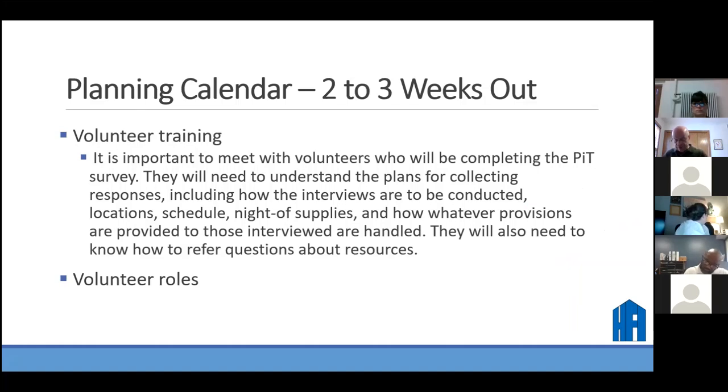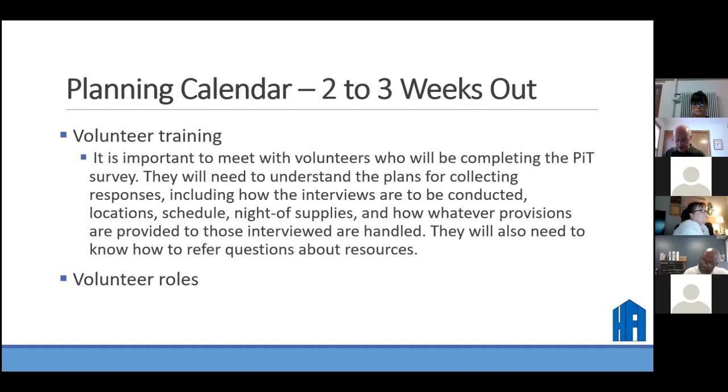So 2 to 3 weeks out, that's when, if you were going to do volunteer training, you would do it then. You tailor it to the tasks that are part of the plan that you've developed, and certainly anybody that's going to do the actual interviews needs training on how to complete the form on the ICA website. And it's important to meet with volunteers who'll be completing the survey.